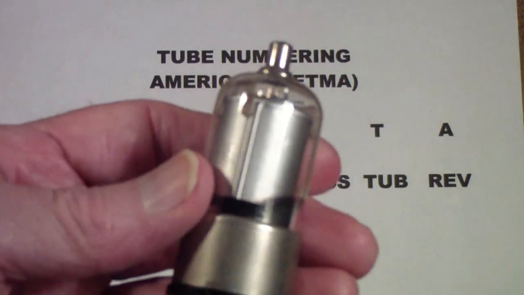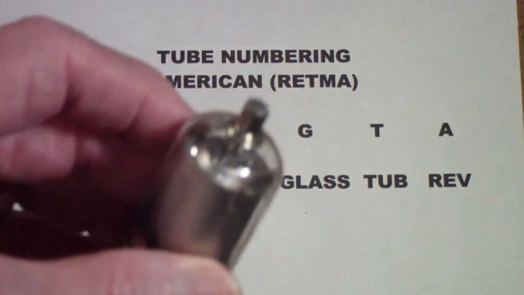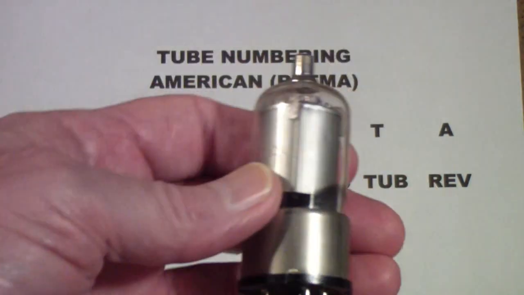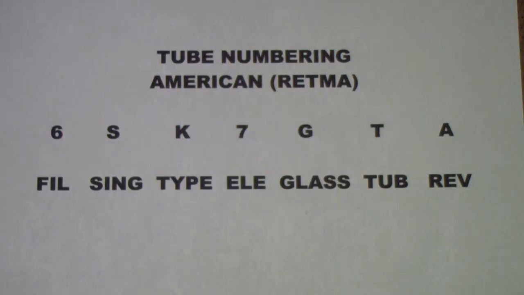And here is an example of a 6K7. Notice that it has 8 pins on the bottom and a cap on the top. This was a typical 6K7 of the day. This is a 6K7 GT, and we'll talk about that in a second.